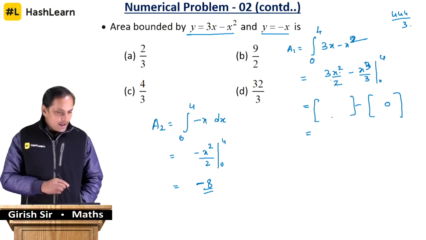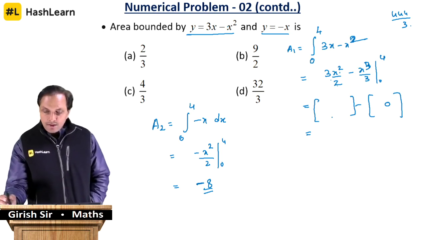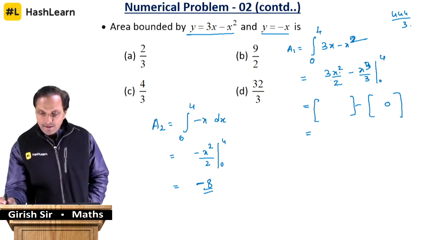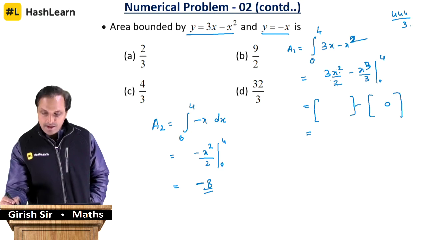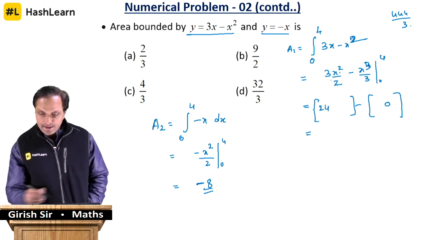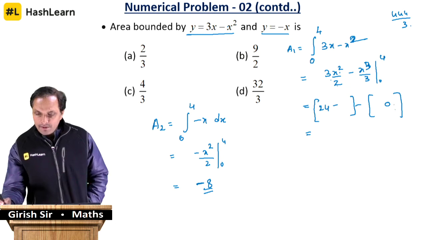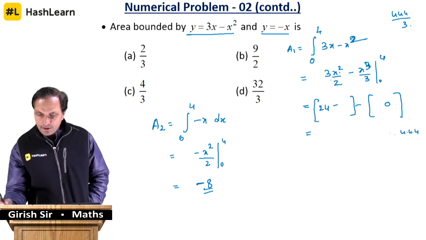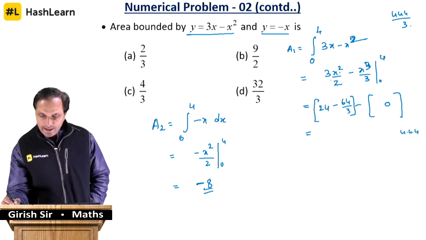Is it clear, Sanskruti, now? Okay, now you put the upper limit. When you put upper limit, 4 square is 16 by 2, that is 8, minus, that will give you 4 into 4 into 4, that will give you 64 by 3.